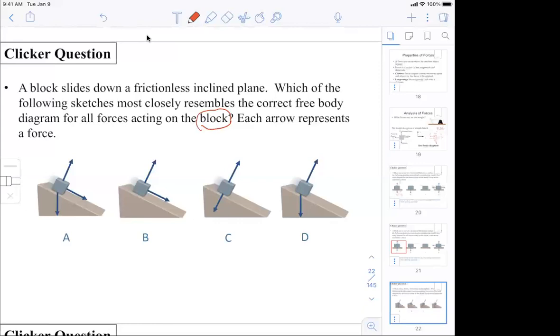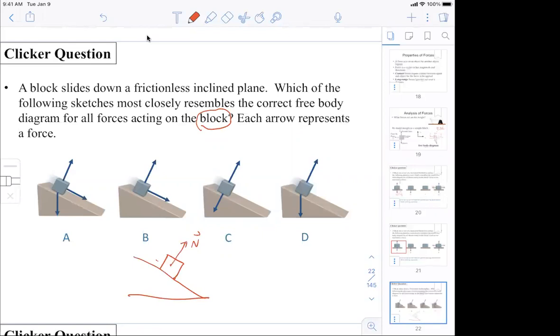Is the normal force perpendicular to the surface of the object? Okay, the normal force acting on the block, because the block is in contact with the surface and the surface is providing a supporting force, that's a normal force perpendicular to the surface.